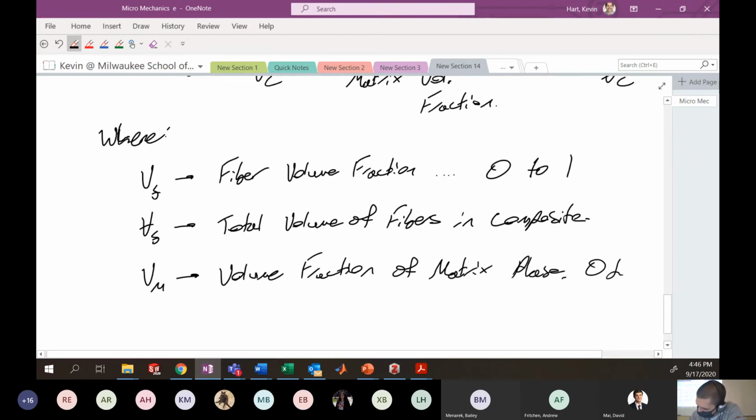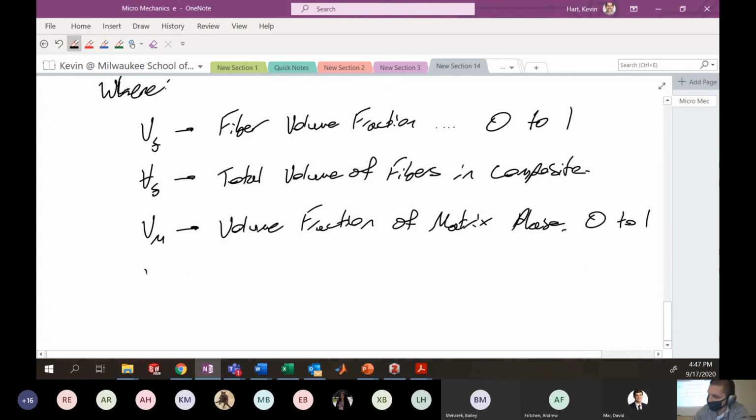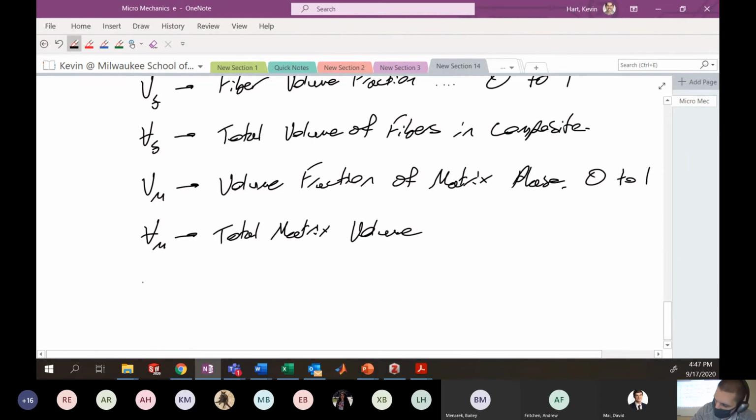Again, this is on a scale of 0 to 1, or 0 to 100% if you want to think about it that way. V strike through is the total volume of the matrix. Again, this would be in meters cubed. And then your VC is total volume of composite.